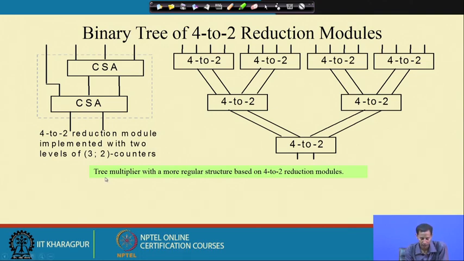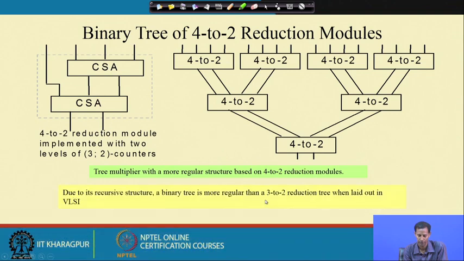So, that is why this tree multiplier has a more regular structure based on these 4:2 reduction modules. Okay. And due to its recursive structure, a binary tree is more regular than a 3:2 reduction tree when laid out in VLSI.